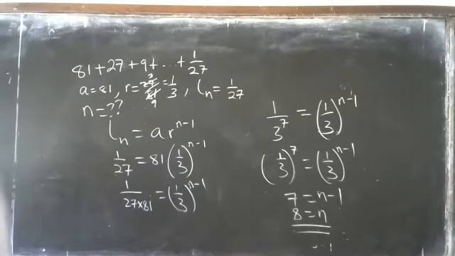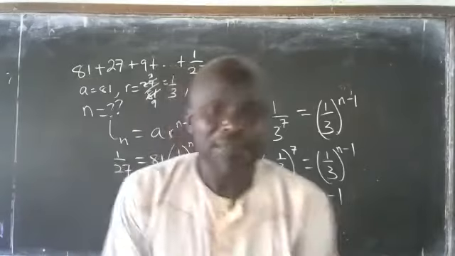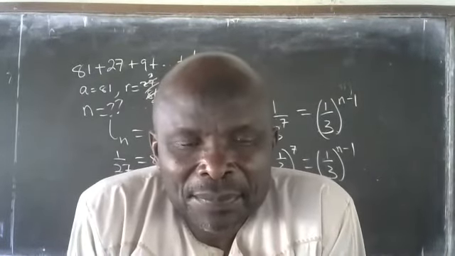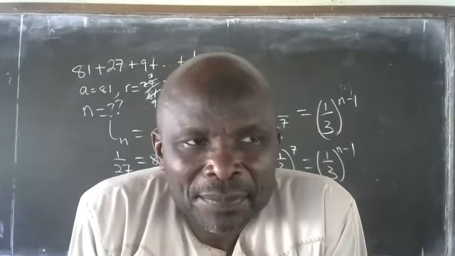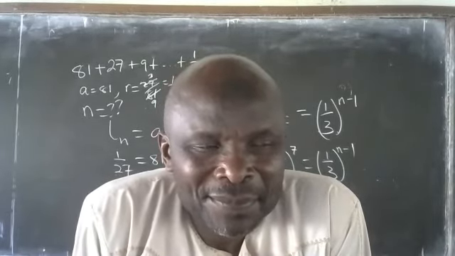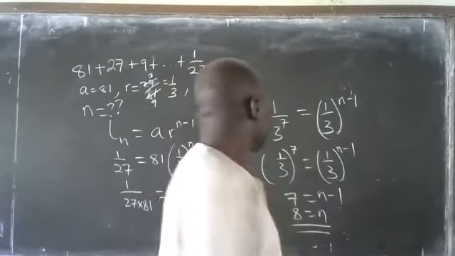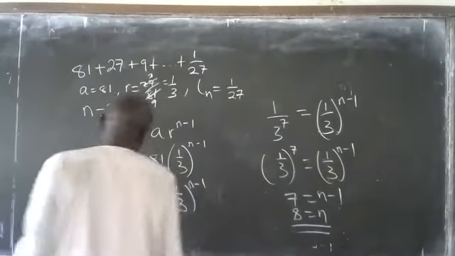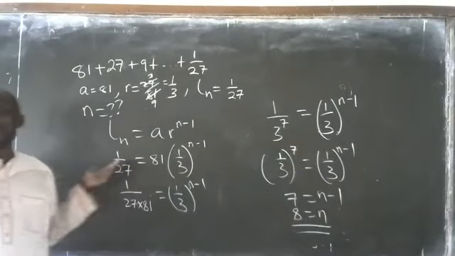Excuse me, teacher. Yes, daughter. Why is it that we multiply 1 over 27 times 81? Why isn't it 81 over 1? Now we are dividing both sides by 81.